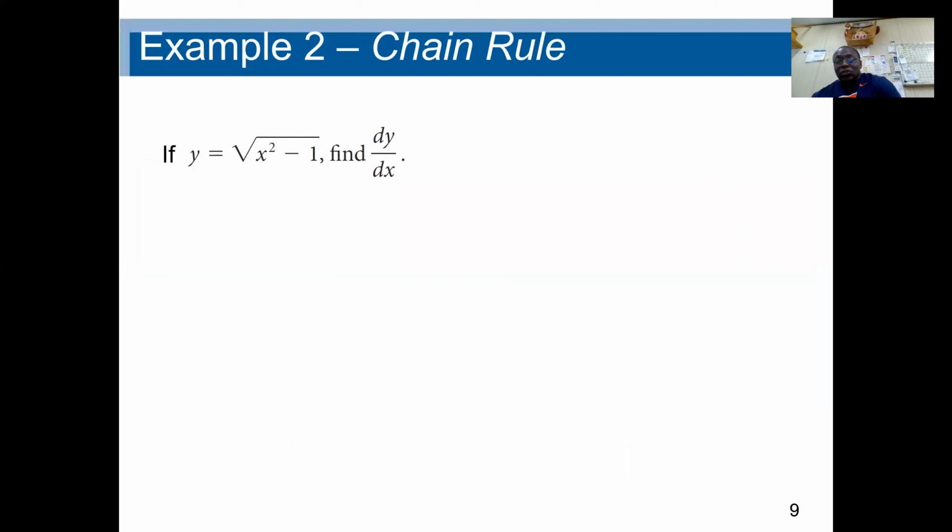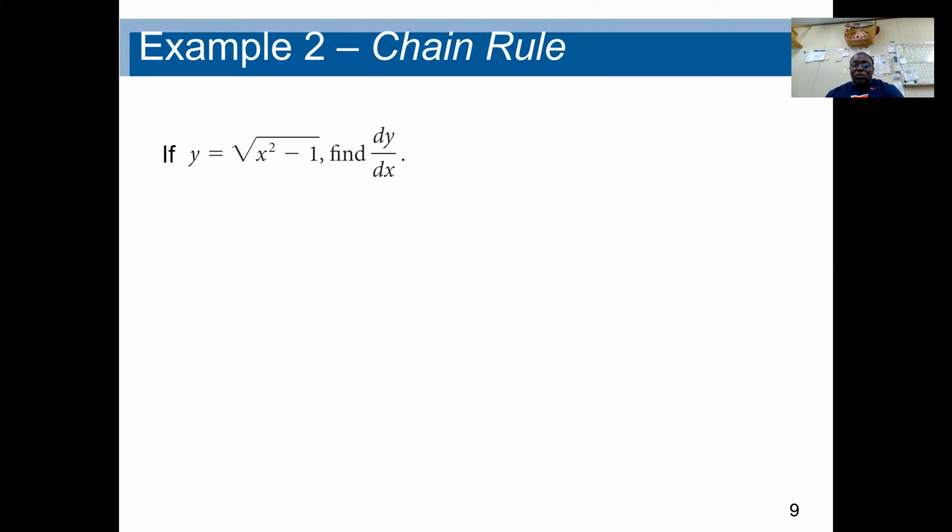Now let's try this example, which may clear a lot of things for us. I have a function y equal to the square root of x squared minus 1, and we should find the derivative with respect to x, or dy dx. Here I can use the power rule, saying that square root is the same as the exponent half.